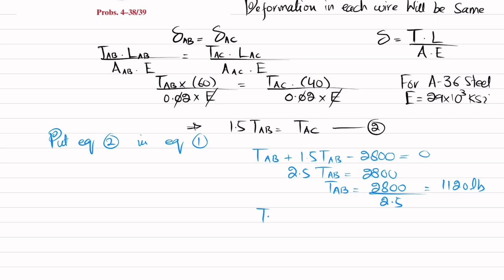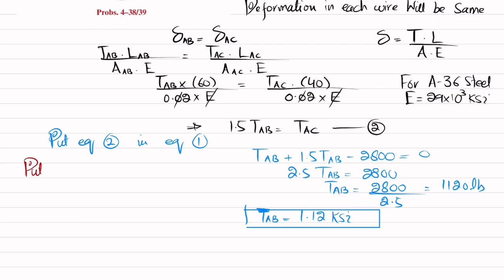So it means that your force in wire AB, if you divide it by 1000, will be 1.12 kips. Kip means kilo pound. So this is the force in wire AB. Now you have this value of TAB.